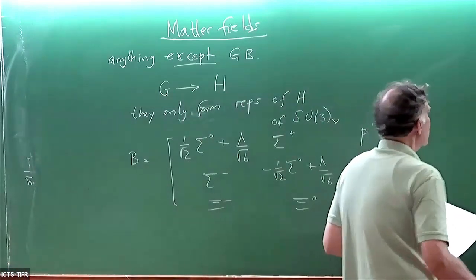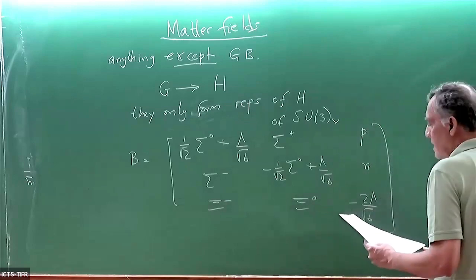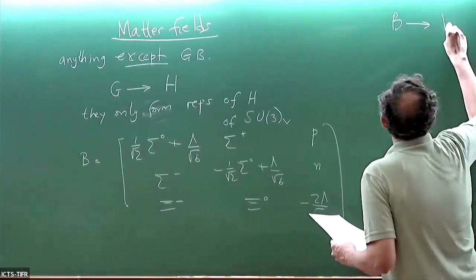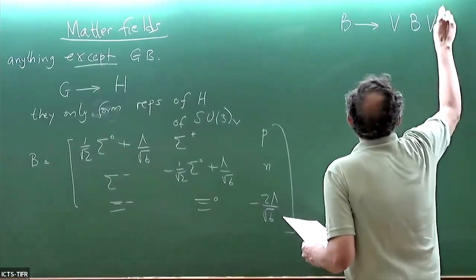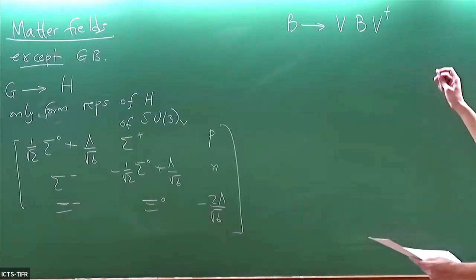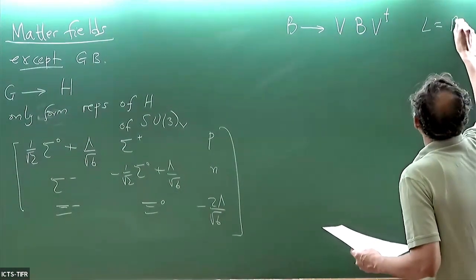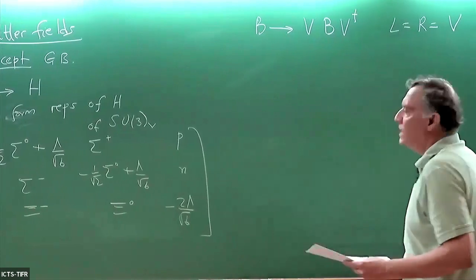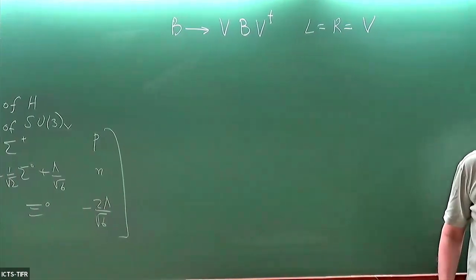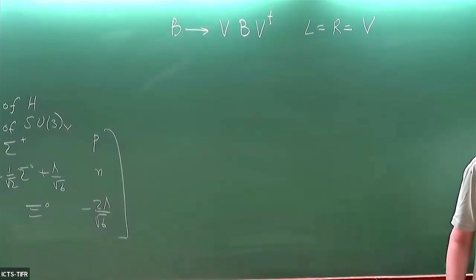And we know they transform as an adjoint, so B goes to V B V dagger when you make a transformation where L is equal to R is equal to V. But we don't know how they transform under chiral SU3 cross SU3.